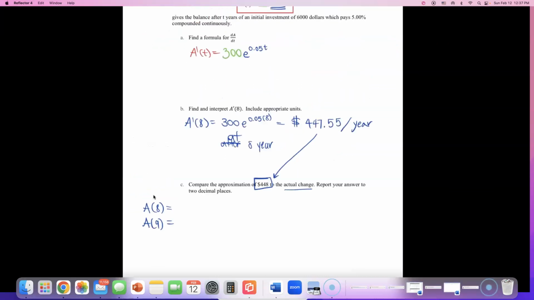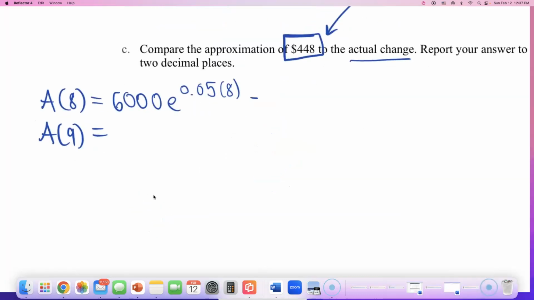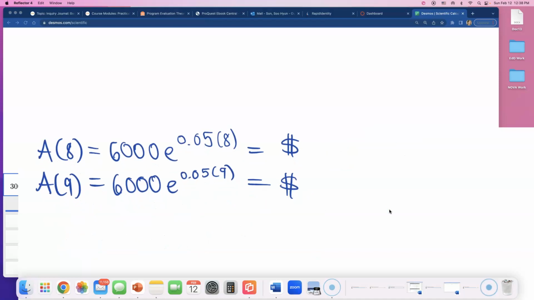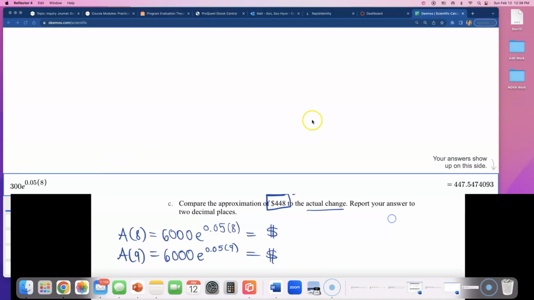So using that original function, which is 6,000 times e to the 0.05 times 8th power, that's going to give us the balance after 8 years. If I plug in 9, keeping everything except that 9, I'm going to get a bigger amount for the balance after 9 years. So you see what I'm doing here, right? I'm trying to find how much money grew by actually plugging these into the function.